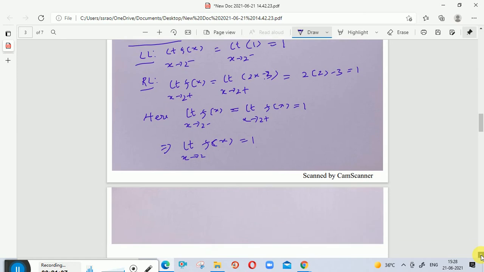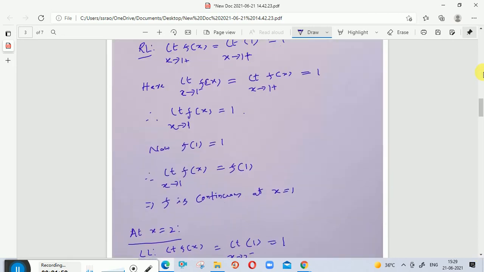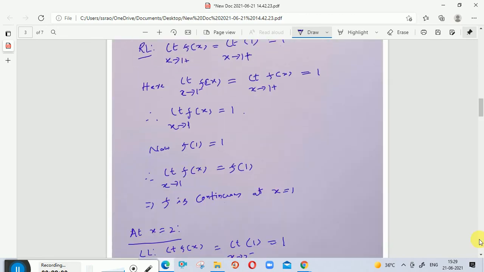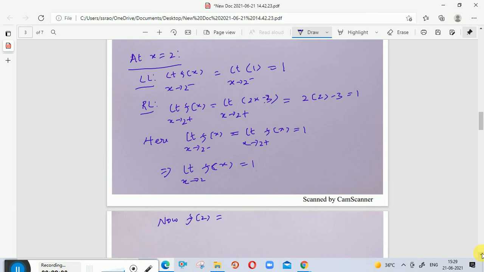Okay, now f of 2 is equal to, here at x is equal to 2, f of x is equal to 1. Okay na? So we have f of 2 is equal to 1.